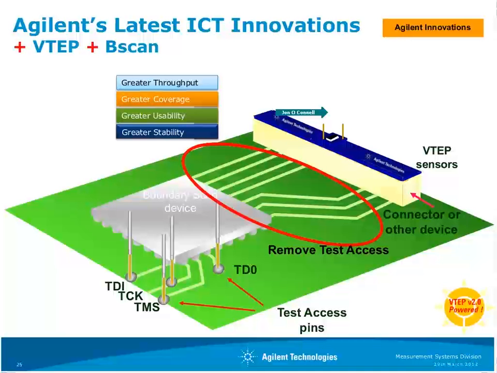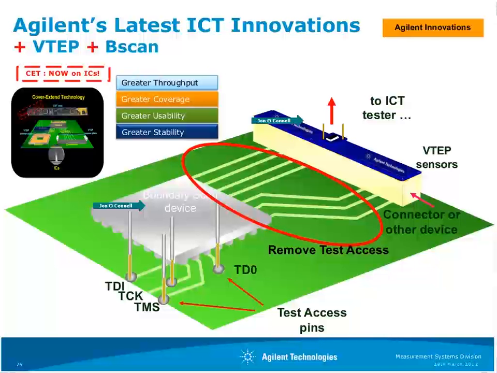However, in 2009, we introduced the Cover Extend technology, where we use the signals from the boundary scan device to stimulate the pulses and measure those on surrounding devices. So we can see here an example of those TAP signals being put into the boundary scan chain and using the EXTEST function of the boundary scan to act as the drivers, replacing the need for the real nailed access.